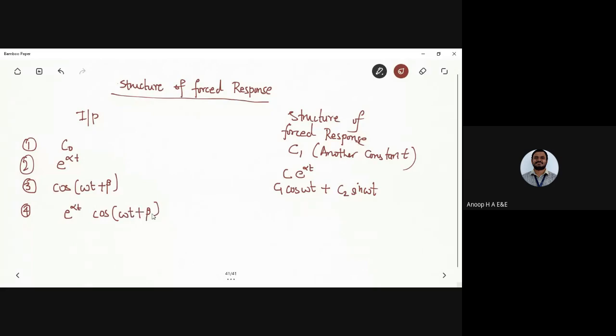So we are going to have e power alpha t times c1 cos omega t plus c2 sine omega t. So this is one thing what you need to keep in mind.